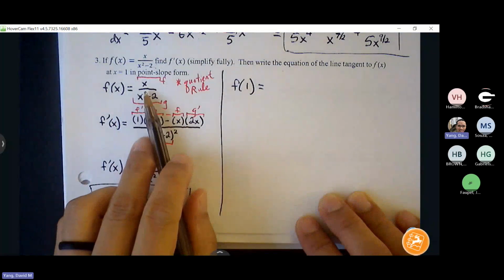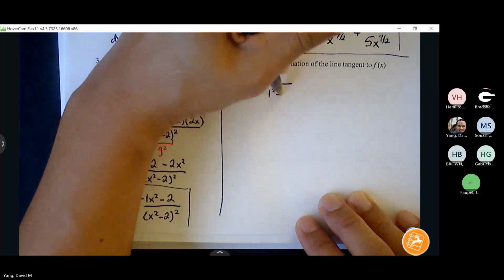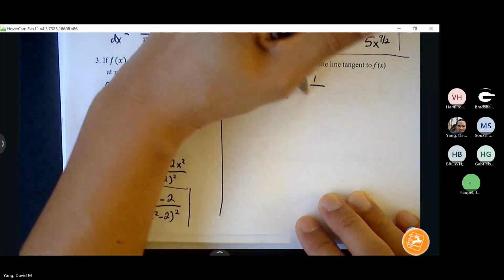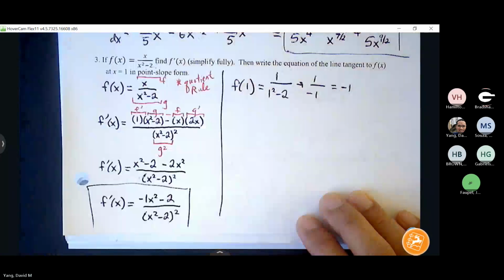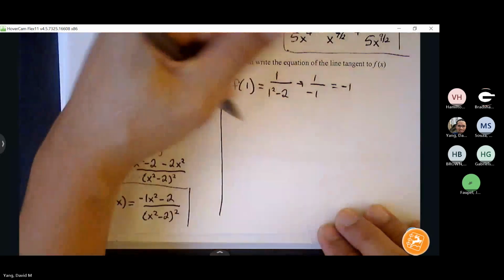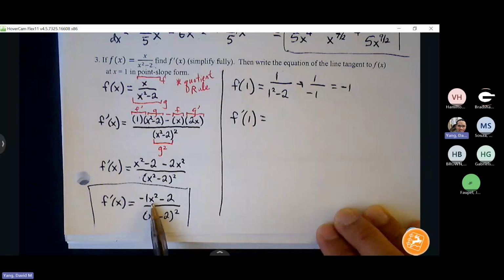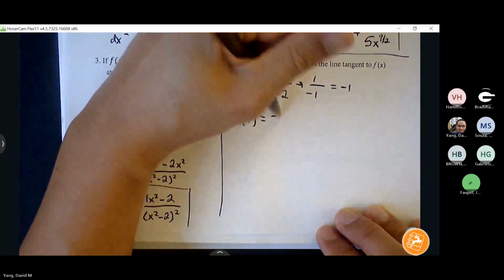Okay, back into the original equation here. So it's 1 over 1 squared minus 2. Okay, f prime of 1. The slope at 1. I'll insert 1 in for x.